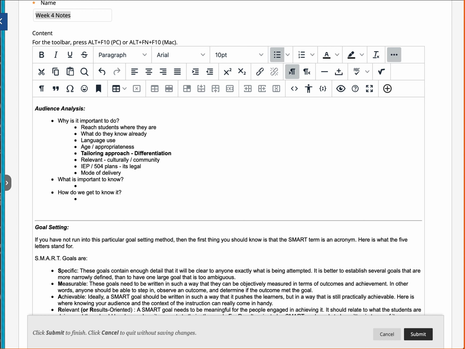Interestingly enough, that theory, while it exists, actually has been found to not be terribly effective if you treat it as, okay, this person's a visual learner, so I'm going to give them everything visually, and this person's an auditory learner, so I'm going to give them everything through audio. That actually doesn't really deliver the results that you might think it does.